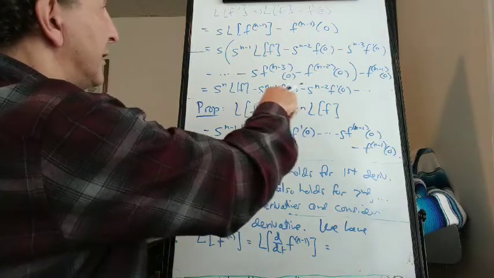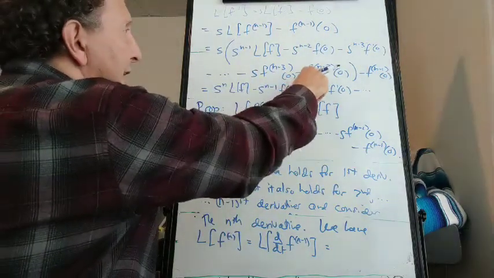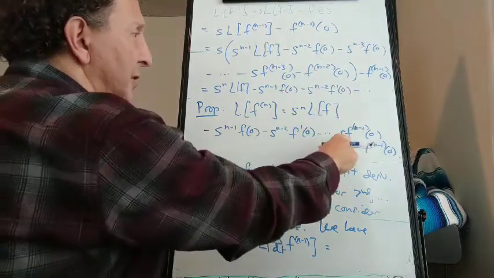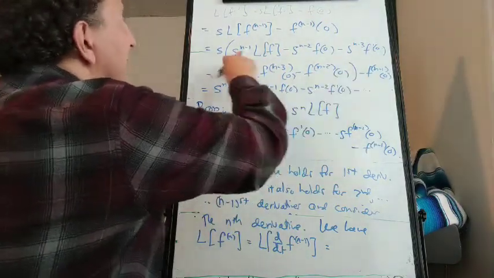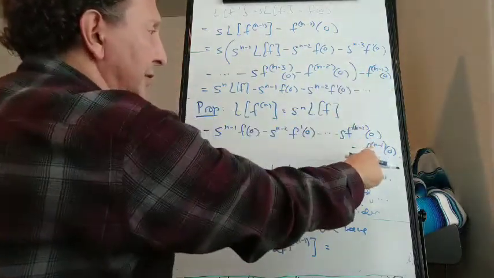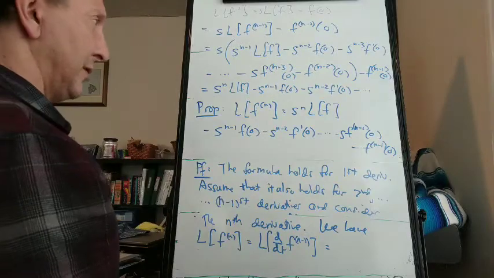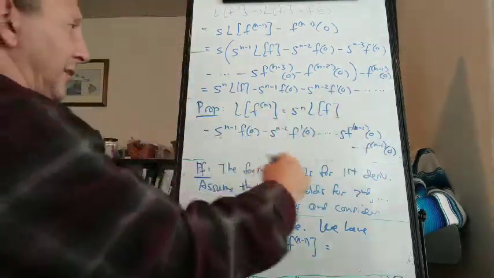So the single s is going to be next to the n minus second derivative of f, which is what we want. And then the parentheses end here, so there's not going to be an s multiplying the n minus first derivative, so we're just going to get the n minus first derivative. So we get exactly the formula we want.